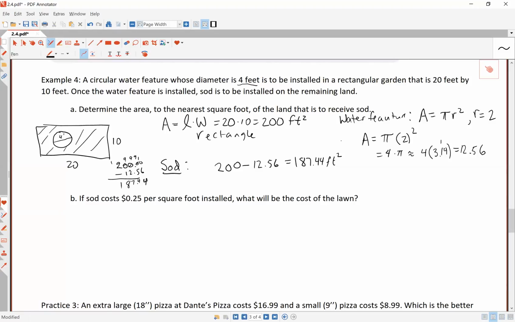To the nearest square foot, we would round that to 187. But in reality, we would most likely just round it up to about 200 square feet of sod.